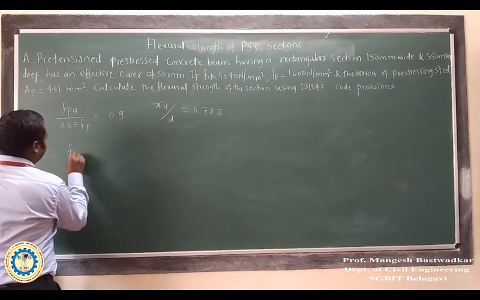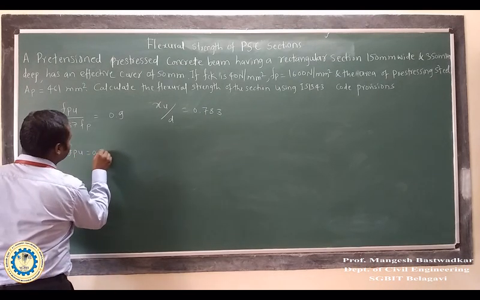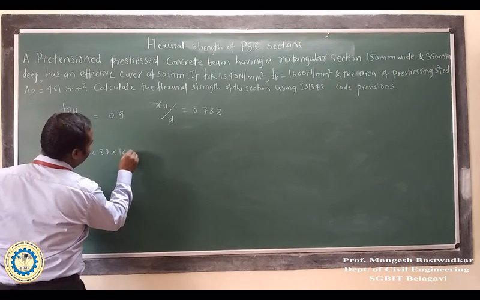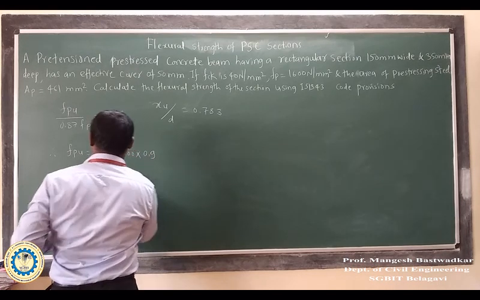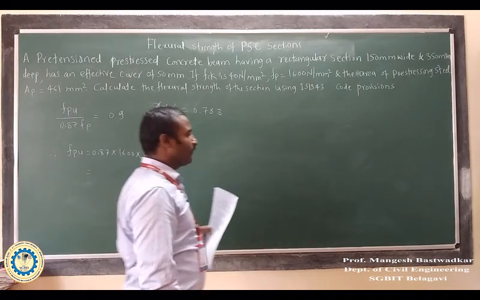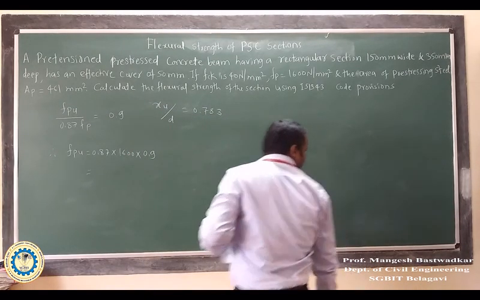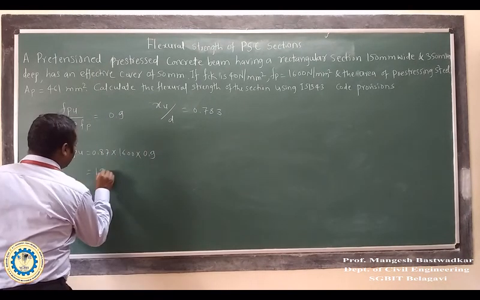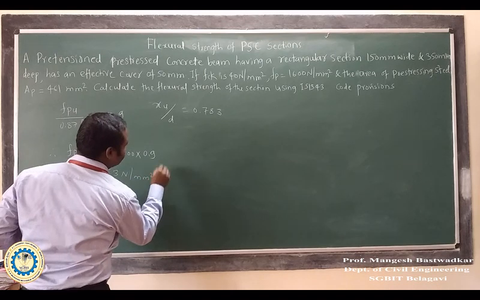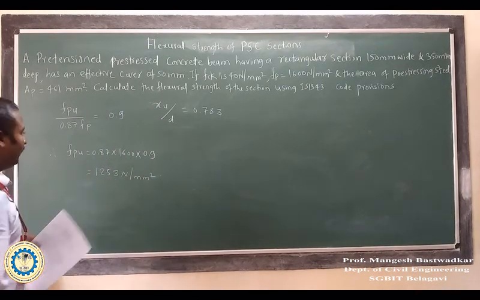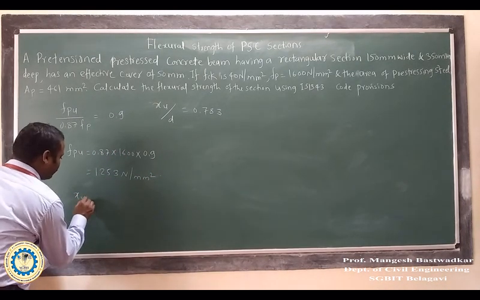Therefore FPU is equal to 0.87 FP. FP is 1600, directly I will mention here. Then it is 0.9, so you will get this value, 1253 Newton per mm square. Then you can also calculate XU now.